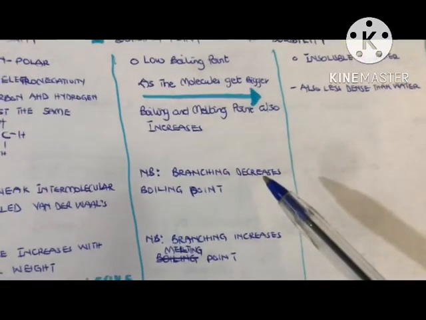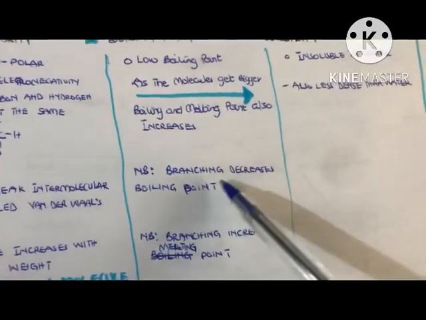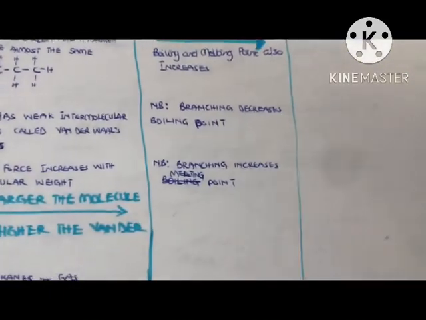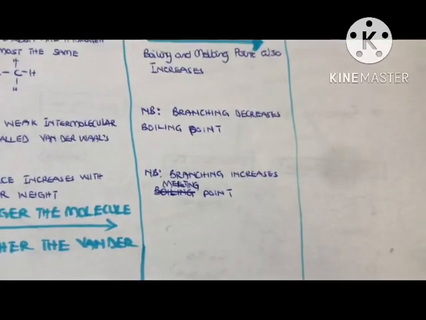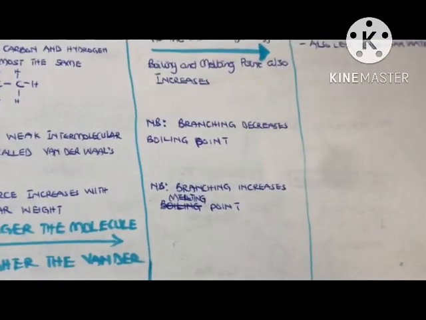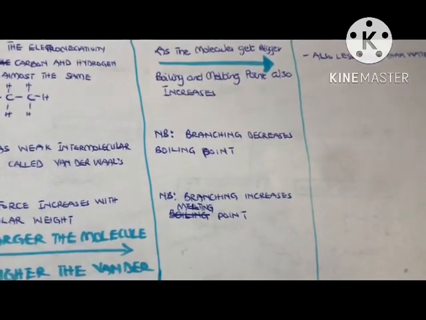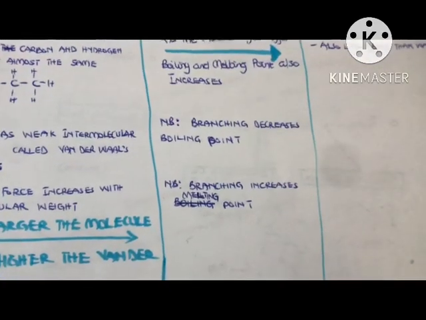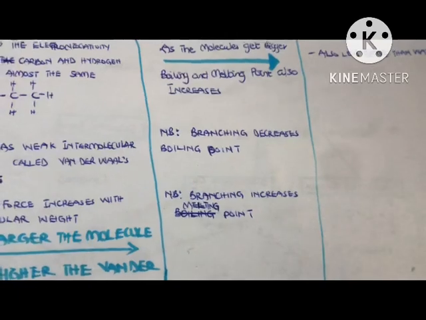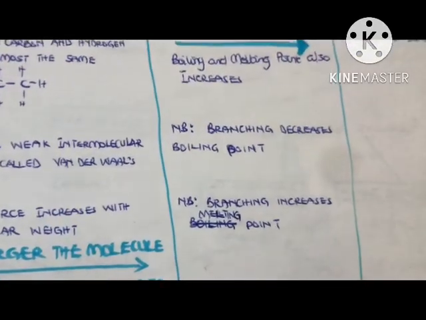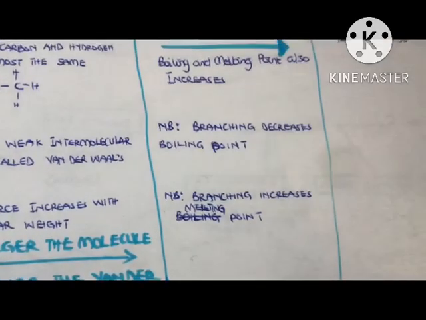But one thing you must note is that branching actually decreases boiling point. So that means that if you have two compounds and one is linear, the other is branched, though they contain the same number of carbons and the same number of hydrogens, the one that is linear will actually have a higher boiling point than the one that is branched, because branching actually decreases boiling point.